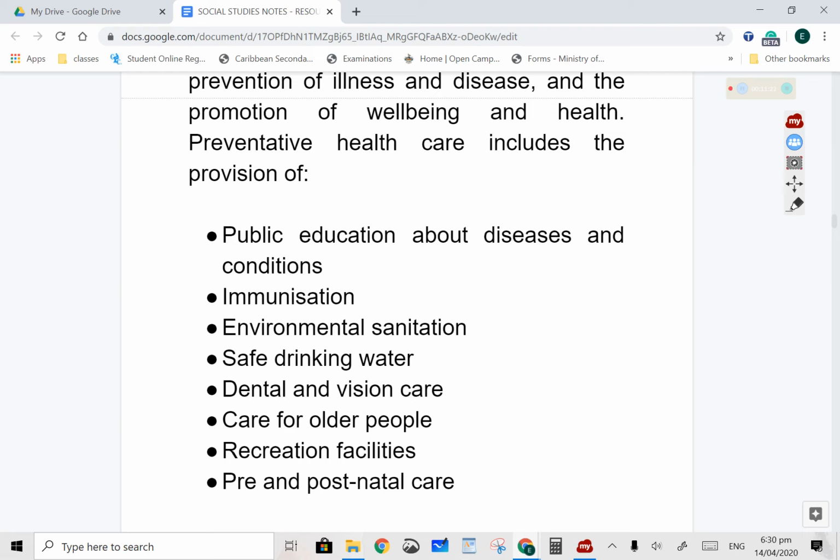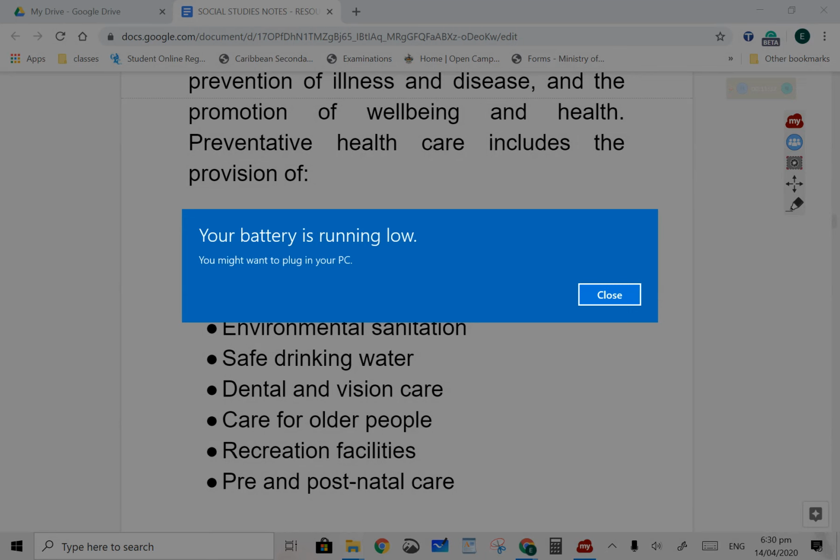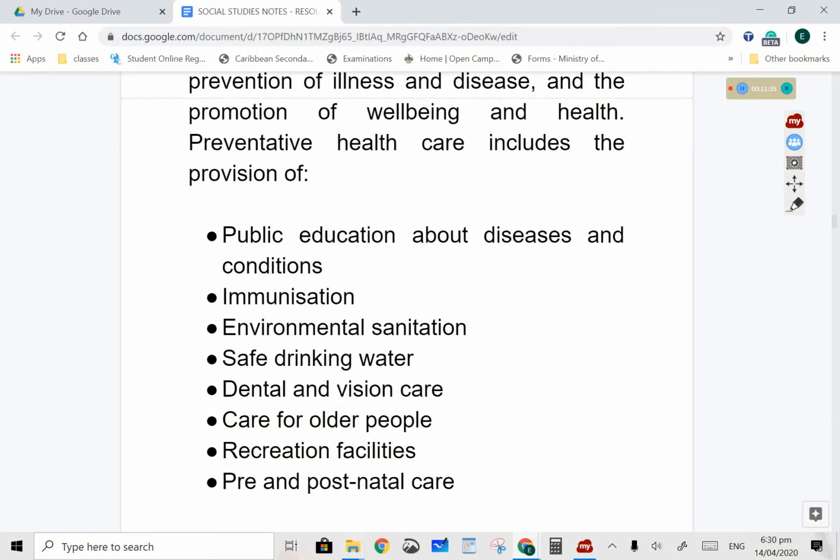And then they would make sure that you have safe drinking water, dental and vision care, care for old people, so they would have different days for all these different healthcare that they need to.